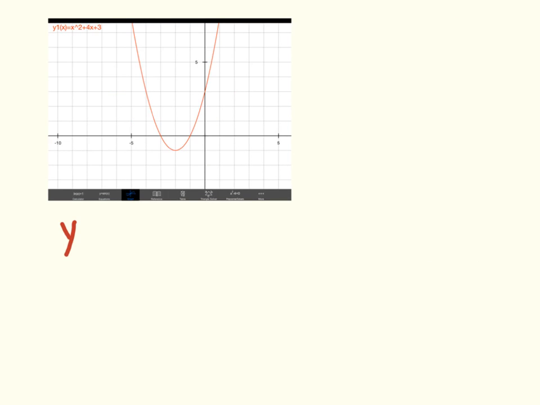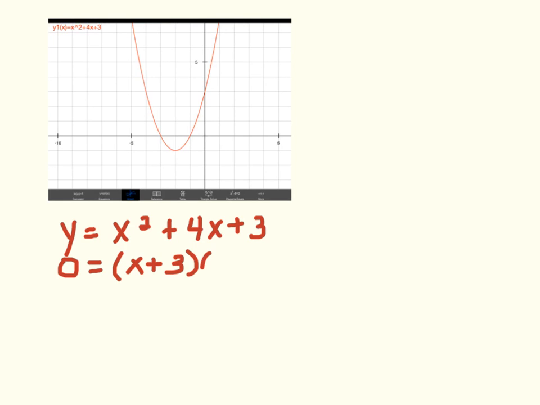Factoring works nicely with this one as well. We've done some of this in previous chapters. We take this equation, y is equal to x squared plus 4x plus 3. Instead of having it equal to y, we set it equal to 0 because the x-axis is where y is equal to 0. So we change y to 0 and we factor x squared plus 4x plus 3 into x plus 3, x plus 1.